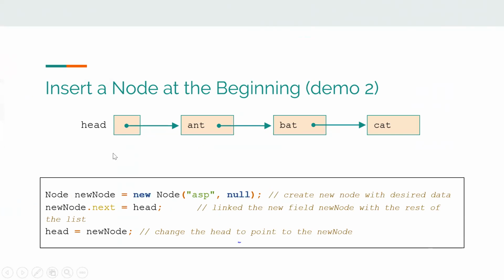If you make a new node and assign it a reference to a new node object with some data, and then you let new node.next equal head. What does that do?